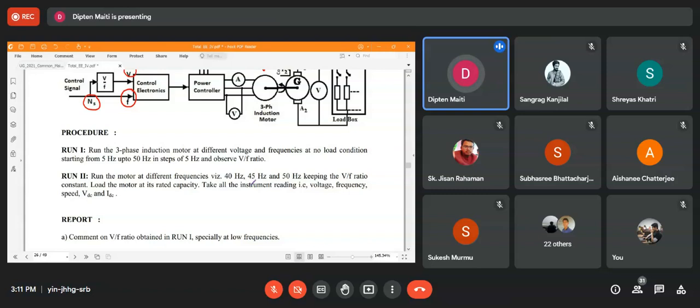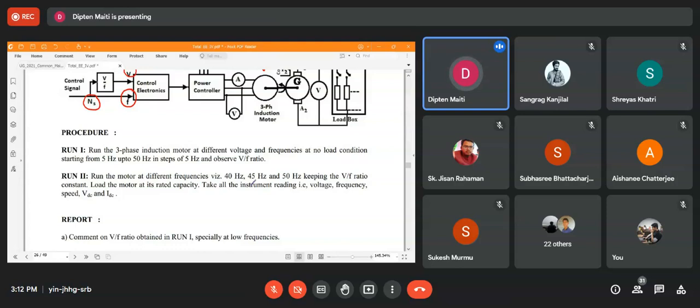Run the motor at different frequencies, 40, 45 and 50 hertz, keeping the V by F ratio constant. Load the motor at different capacities and take all the instrument readings. So that is the second part, where you run the motor at only different frequencies, maintaining the V by F ratio constant. Of course, this is at comparatively higher frequency.